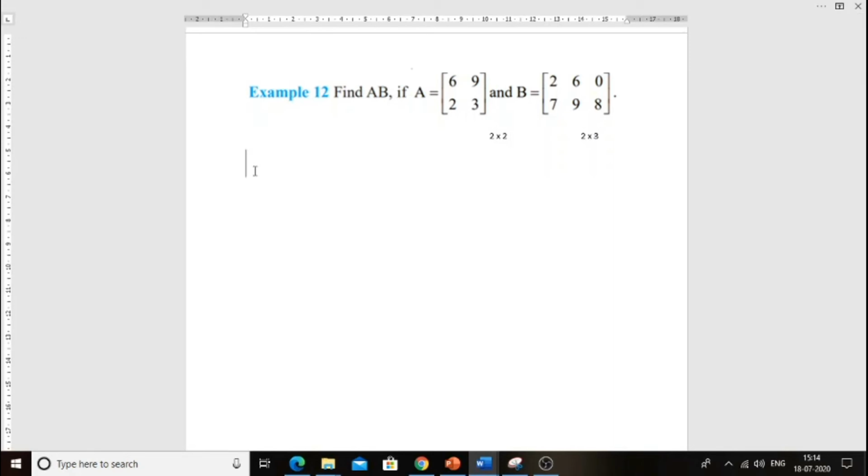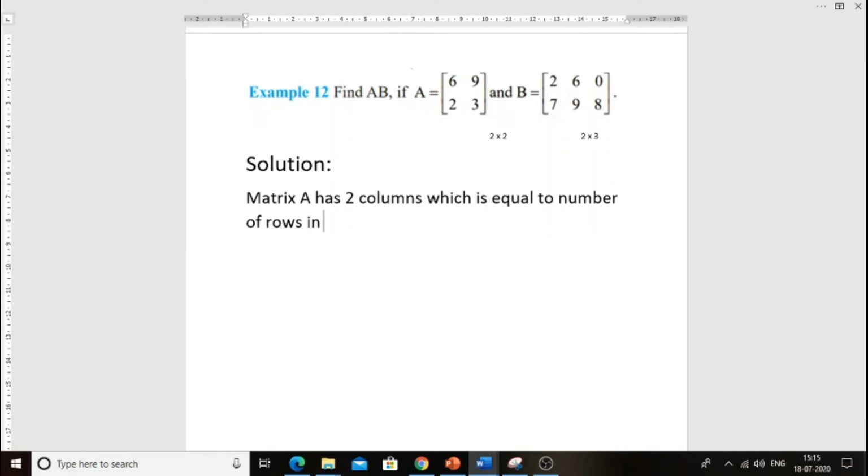When we write the solution: in matrix A we have 2 columns, which is equal to the number of rows in matrix B, hence AB is defined. Okay, so we can move on.